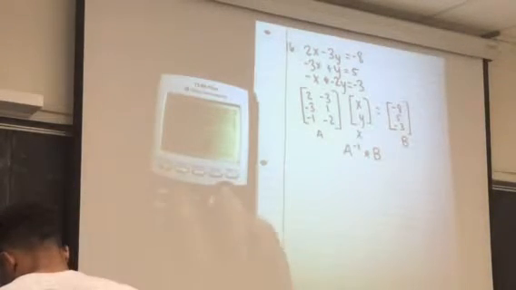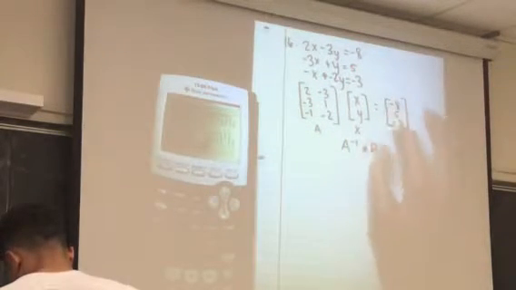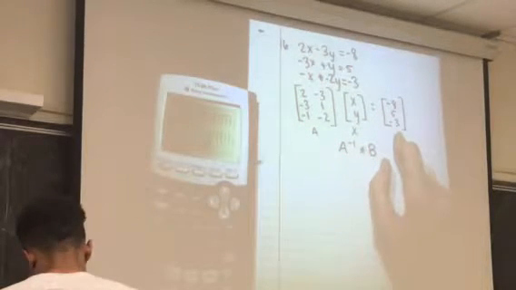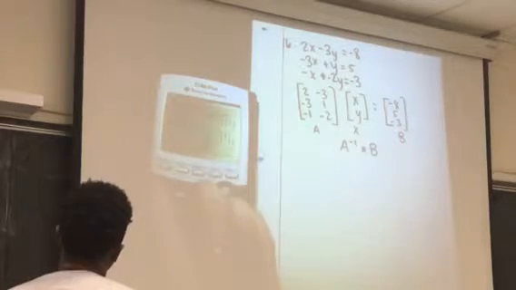Then second quit, and do the same for this one. What are the dimensions of B? 3 by 1, yes.